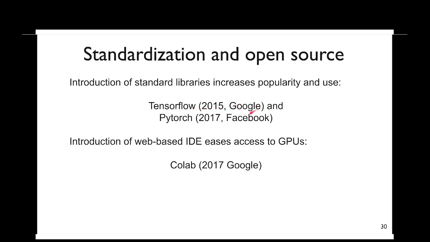Two years later, Facebook followed with publishing PyTorch. And TensorFlow and PyTorch are still today two of the main libraries that are being used to create neural networks, and in the labs you will use them as well. Another aspect that I think is quite important was the introduction of Google Colab in 2017. Google Colab is a web-based development environment for code.